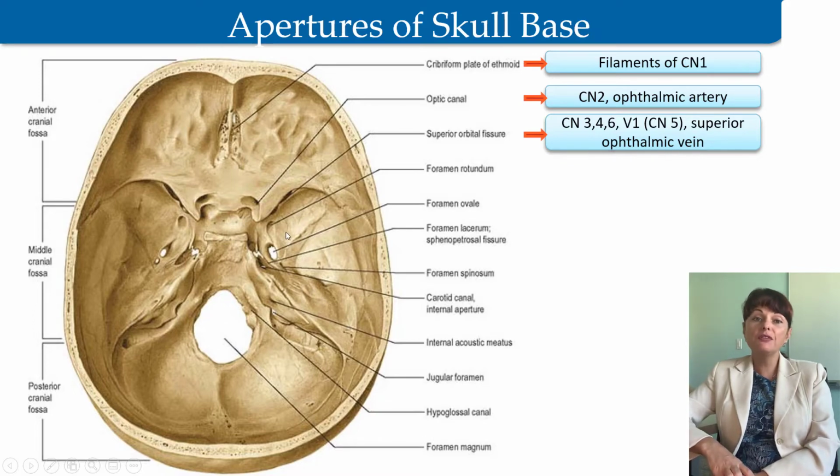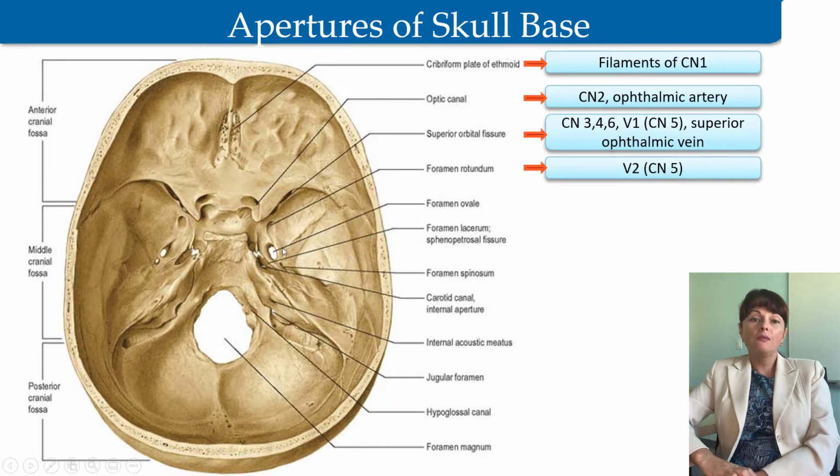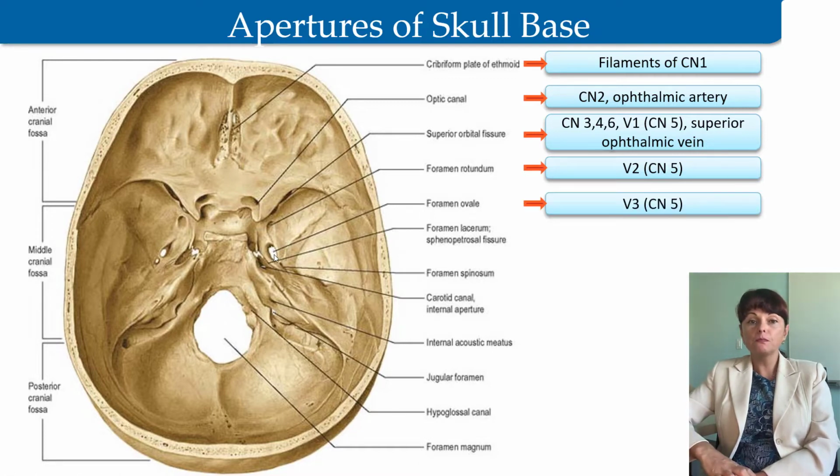The greater wing of sphenoid has 3 apertures, the foramen rotundum, ovale, and spinosum. The foramen rotundum, the round-shaped one, is for the maxillary nerve, the second division of the trigeminal nerve, V2. Foramen ovale, the oval-shaped one, allows the mandibular nerve to pass.